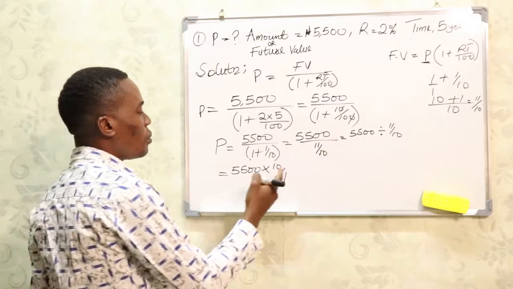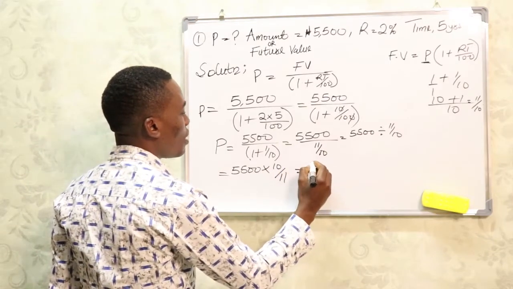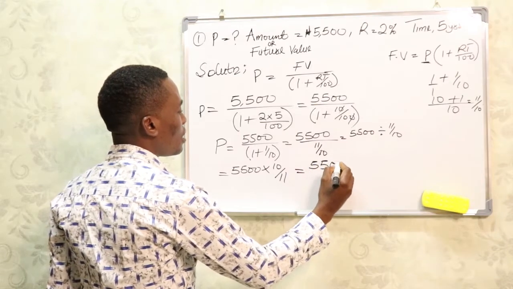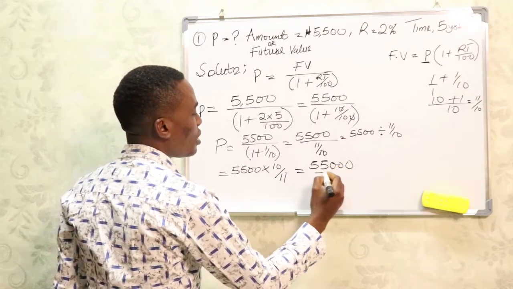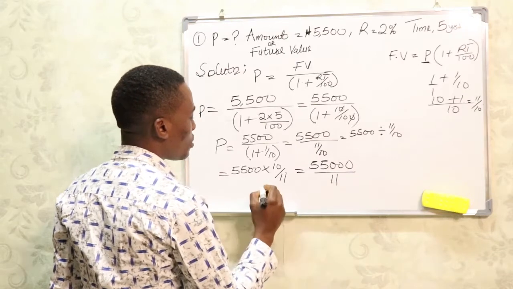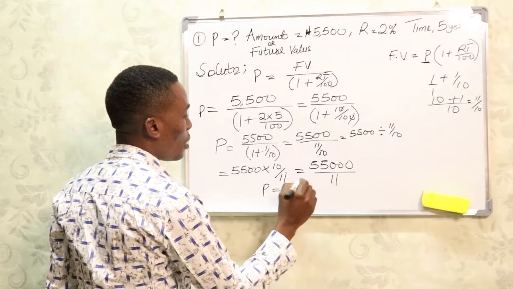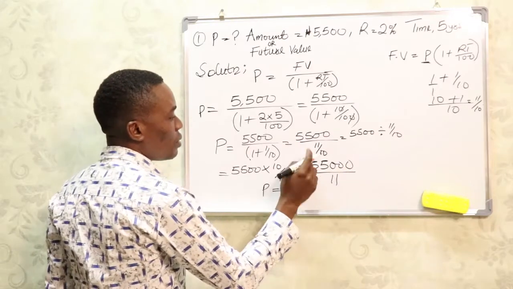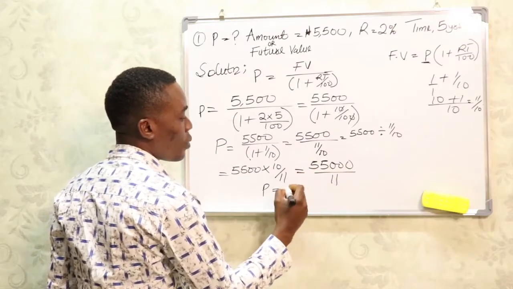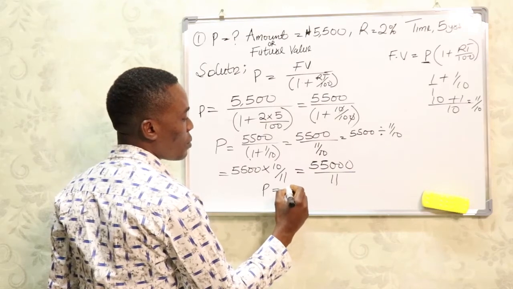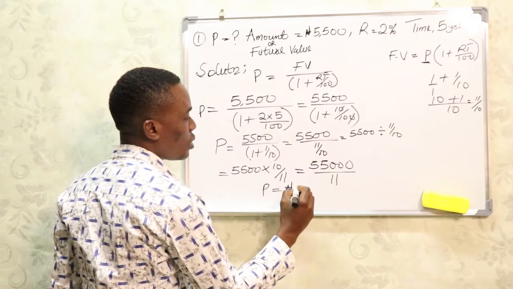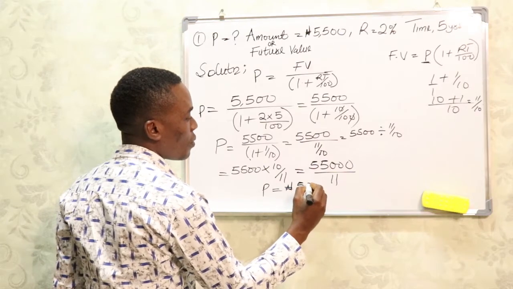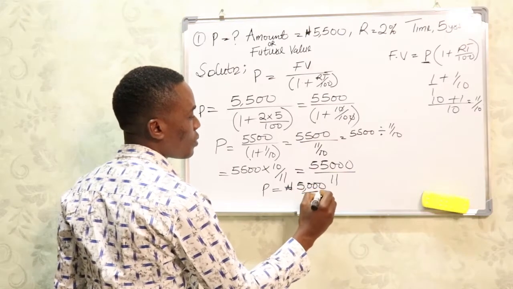Now when we multiply this, we are going to have 5,500 with a 0 here divided by 11. So our principal will be the value of this divided by this. 55 divided by 11 will give you 5. So our principal value is 5,000.